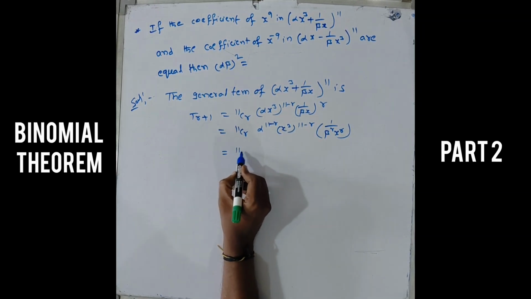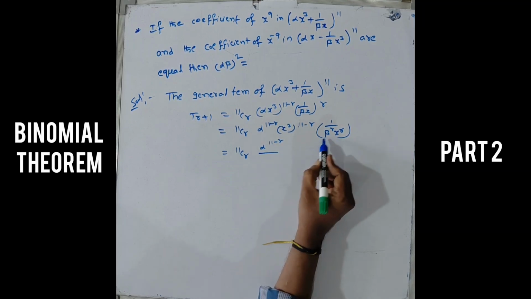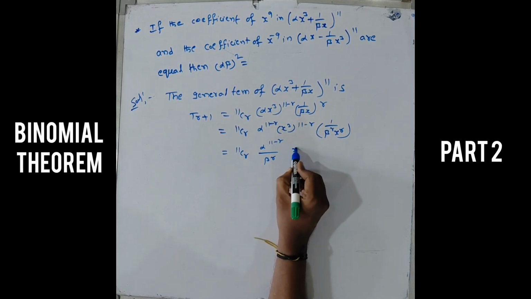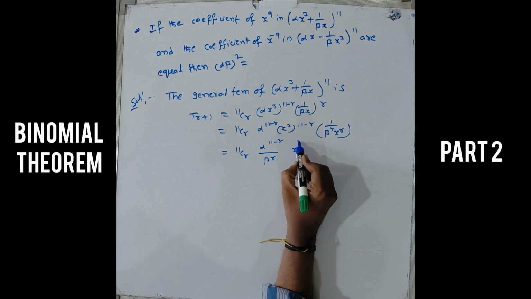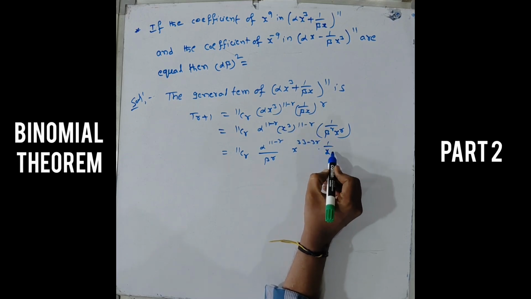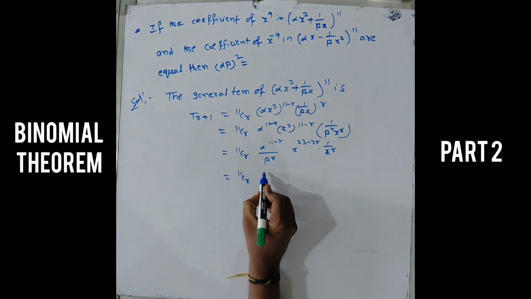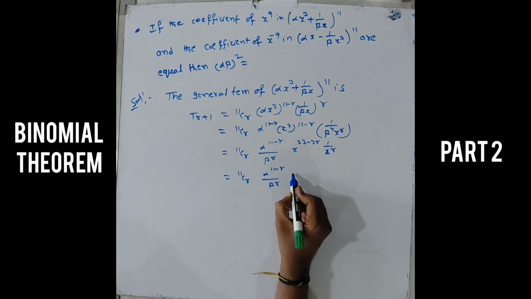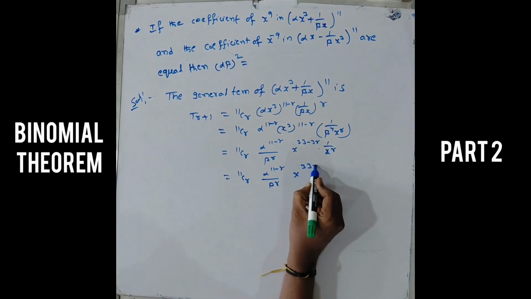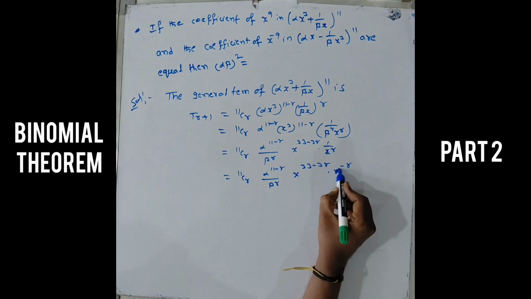Okay, 11Cr alpha power 11 minus r in denominator beta power r, x power 33 minus 3r into 1 by x power r. Taking numerator 11Cr alpha power 11 minus r in denominator beta power r, x power 33 minus 3r into x power minus r.